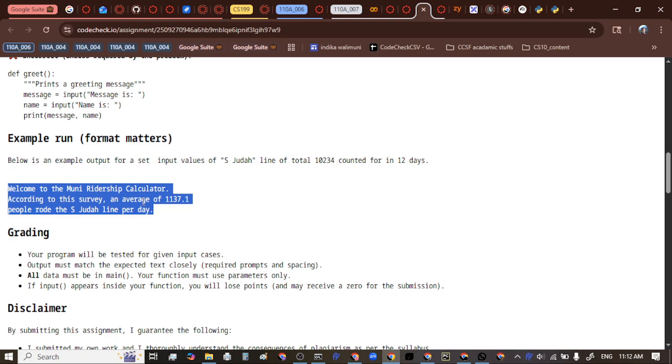The reason is, it's not an intelligent AI autograder, right? It's just a dumb autograder. It extracts things I set there, and it's looking for that from you as well.